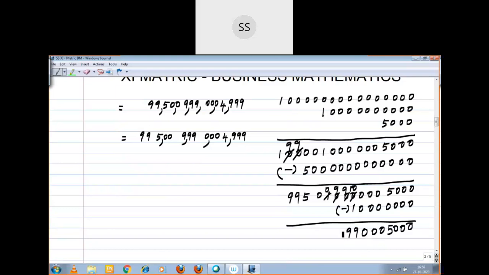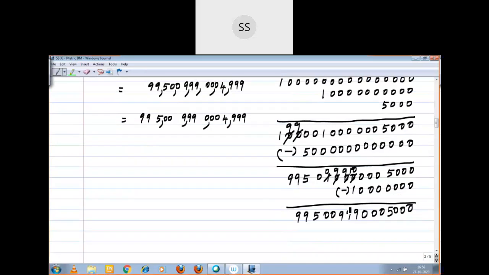Here it becomes 10, 9, 9. Then it becomes 0. Right? 10 minus 1, 9, 9, 9, 0, 0, 5, double 9.